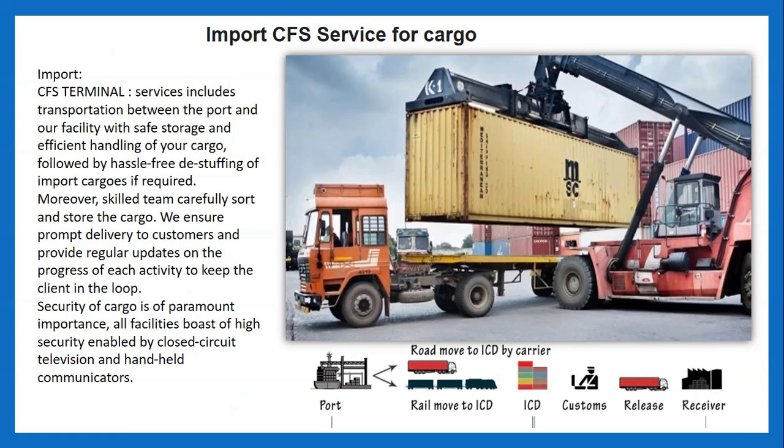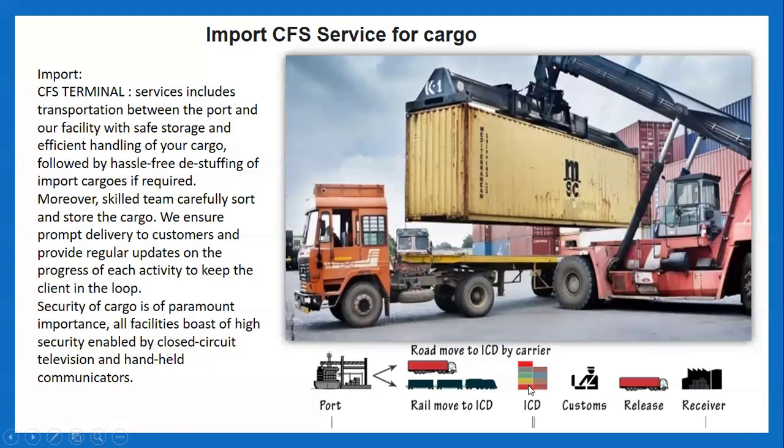So we know that near the ICD, you can see there is a diagram. This is the seaport, and this ship is unloading the containers onto the railway, then this railway is going to the ICD, okay. So this ICD has multiple CFS.